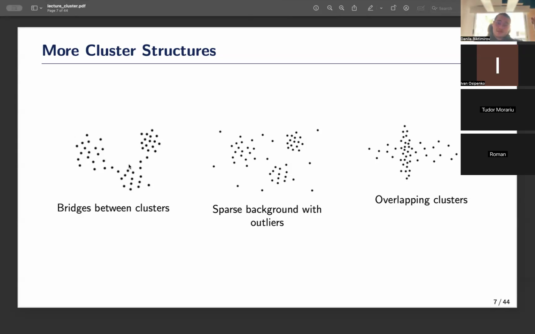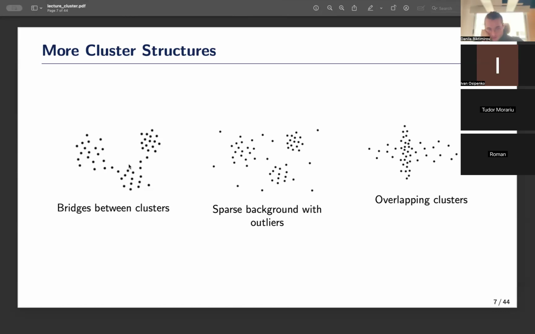Also, clusters on a sparse background. Clusters may overlap with a sparse background of rare objects. For example, stars in a galaxy. Star clusters exist, but are surrounded by a sparse background of isolated stars that are not in the same galaxy.